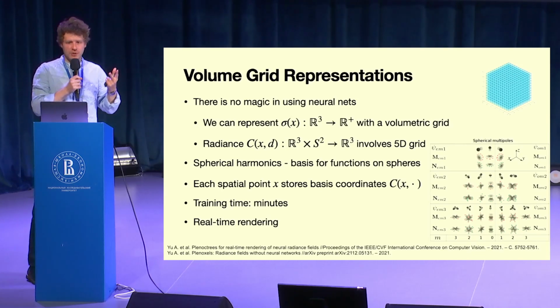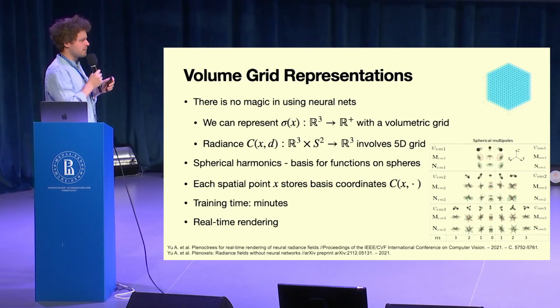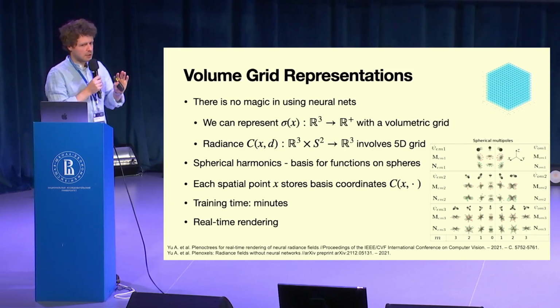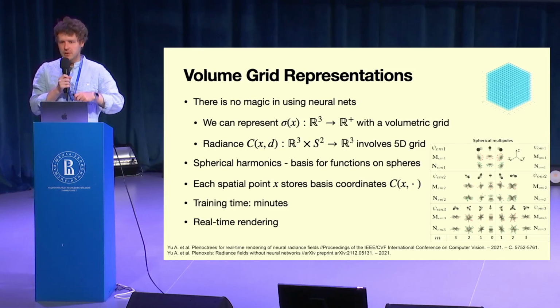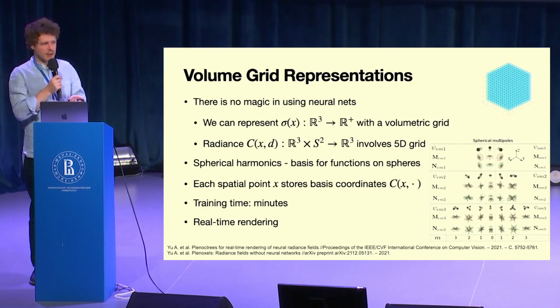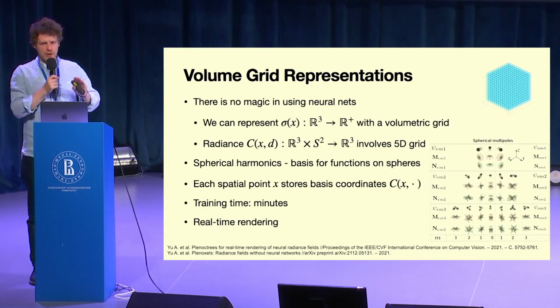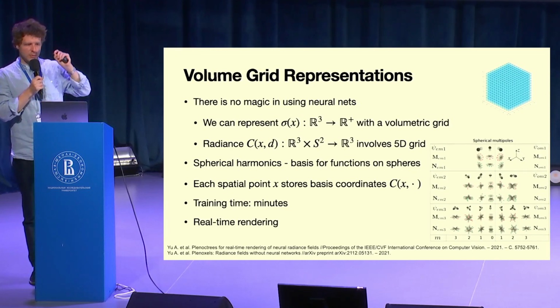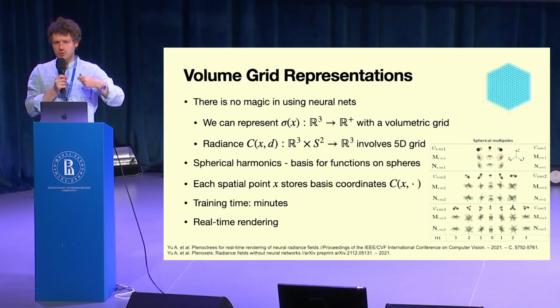We'll store three functions on a sphere, one for each color, and it turns out that to get decent quality, it is sufficient to store dozens of parameters, like 24 for each color. So we end up with a volumetric grid that stores 100 floating point numbers at each volumetric point, and it's feasible to store this volumetric grid on GPU and train it.